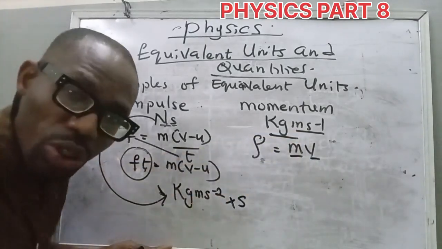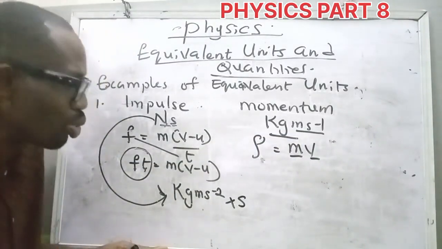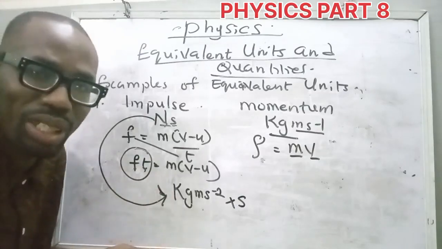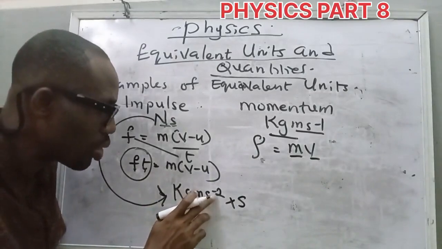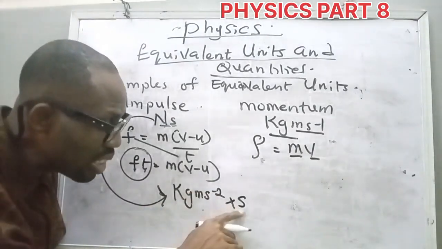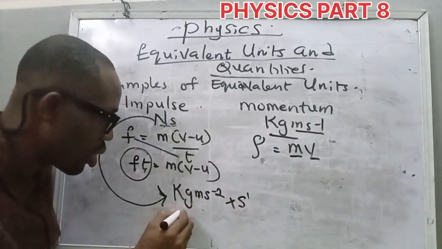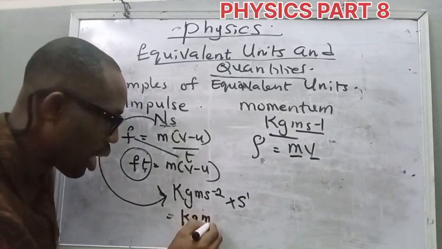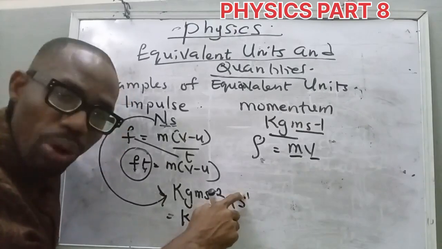Now, you know, according to the law of indices, that's why you have to be inclined in mathematics to be able to be a complete science student. It will help you. Now, look at kilogram meter. This is S raised to power minus 2. Do you know this thing is also S raised to power 1? So when you look at this now, you have kilogram meter per second square, minus 2 raised to power 1.